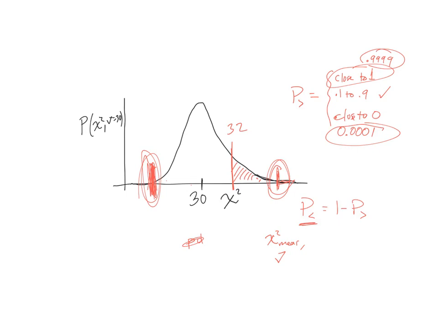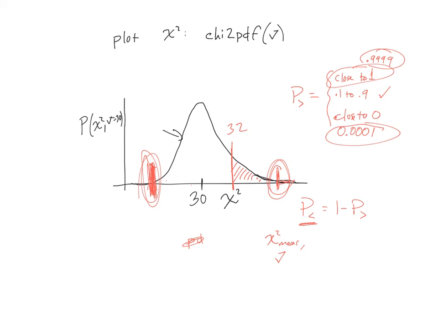Final note, I actually just went and looked up MATLAB functions to plot a chi-squared distribution, or to calculate a chi-squared distribution itself, this thing right here. You can use the function chi2pdf, which you'll need to tell it how many degrees of freedom you give it.